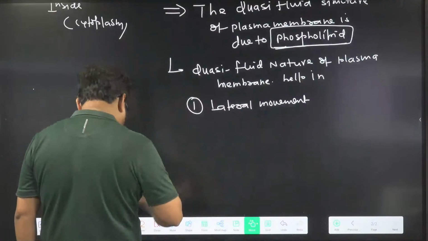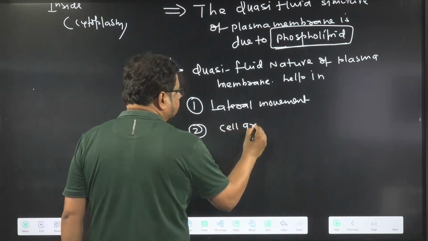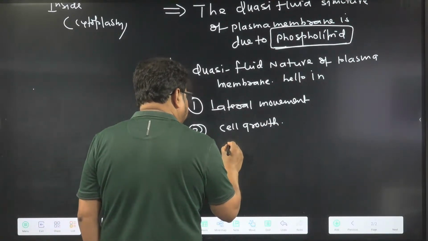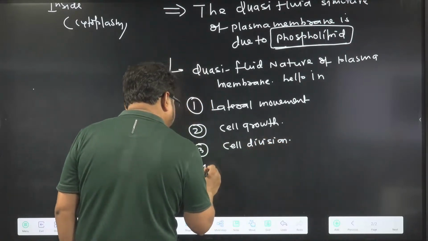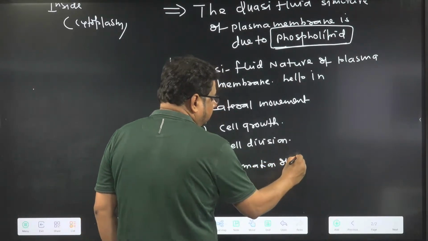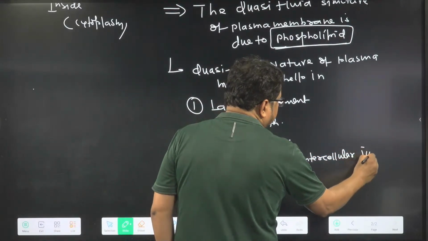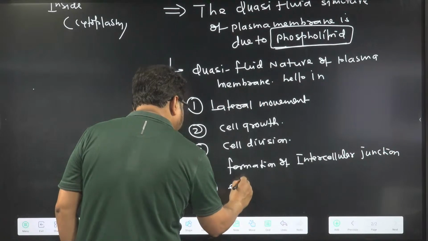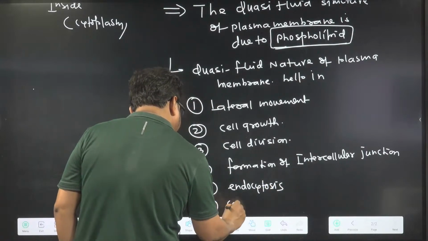Another work I am writing where quasi-fluid nature helps. It helps in cell growth. Another area, it helps in cell division. Another area, it helps in formation of intercellular junction. It helps in endocytosis and it helps in cell secretion.